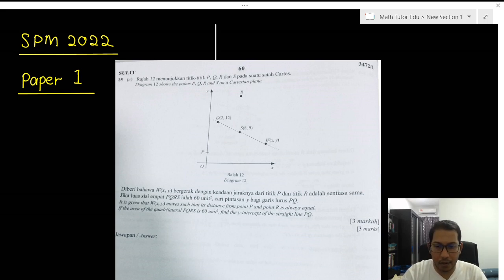If the area of the quadrilateral PQRS is 60 units square, find the y-intercept of the straight line PQ. So this is the question 15C. Take your time to solve the question 15 part A, part B and part C, and we will begin the discussion in the count of 5, 4, 3, 2, 1.